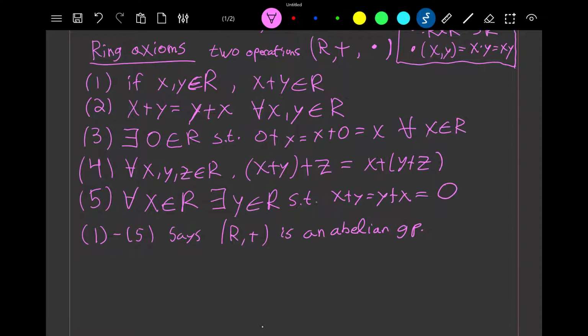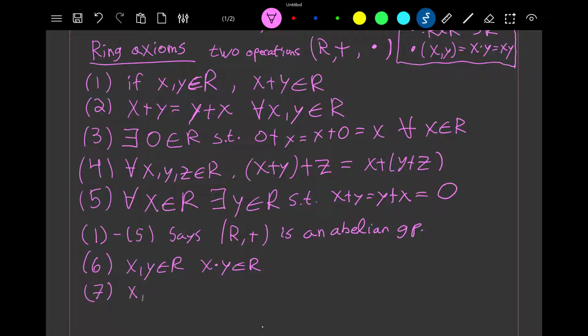But we also have multiplication, because we have this other function. So let's just say 6. For x and y in our ring, we have that x times y is also in the ring.